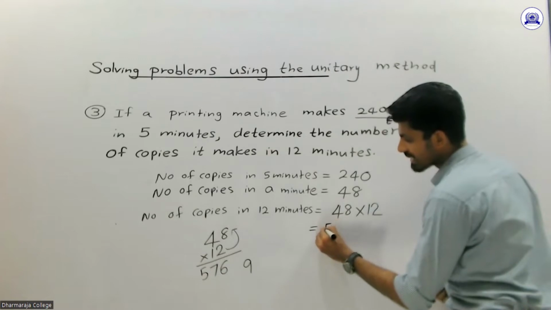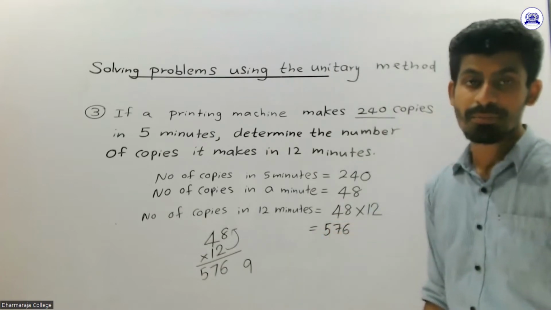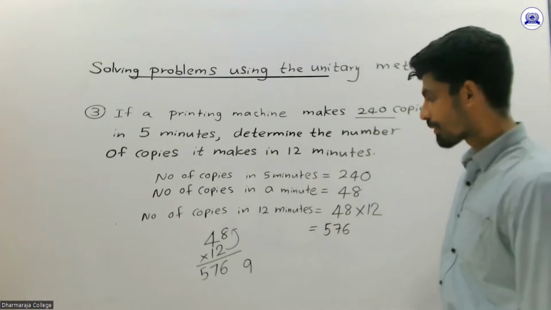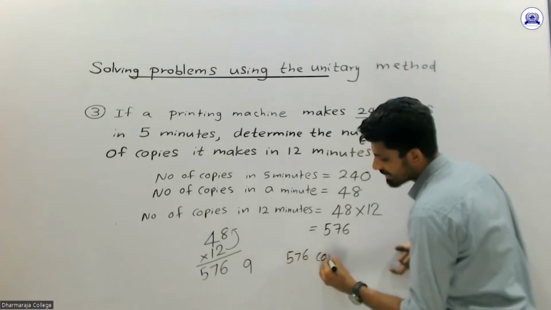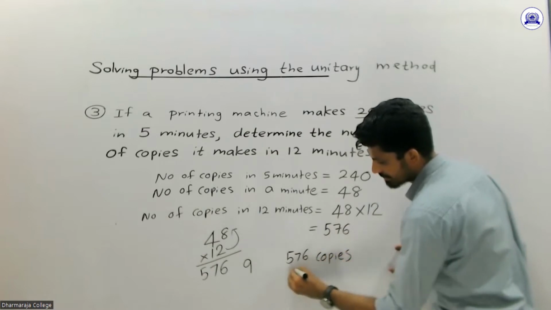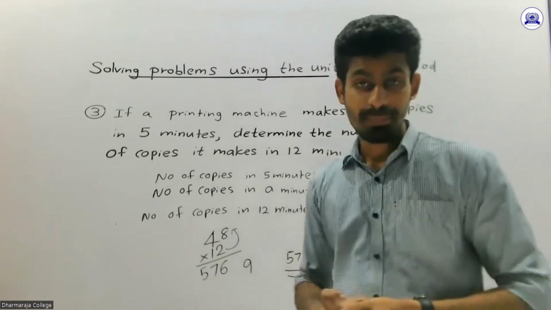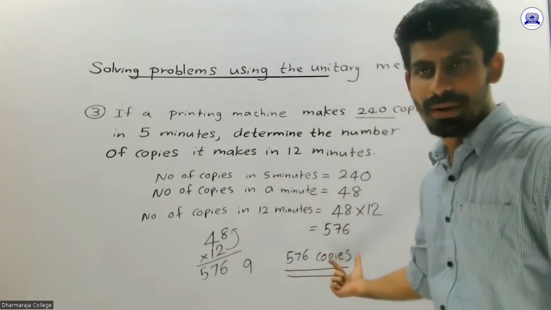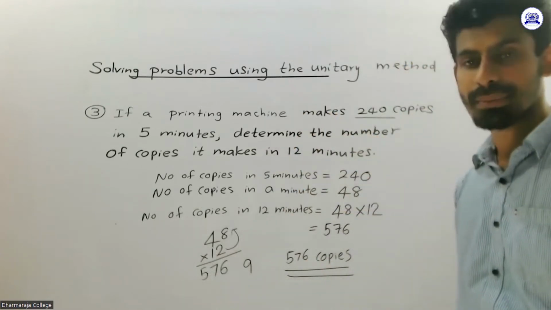So how many copies are there? 576 copies. So what is the answer? 576 copies. That printing machine can release 576 copies in 12 minutes, right?